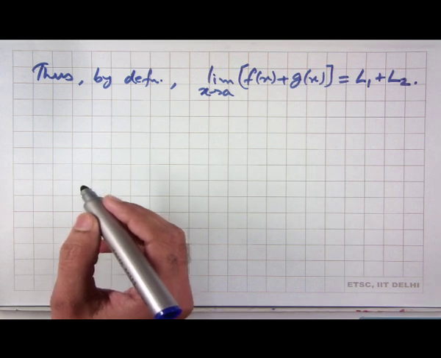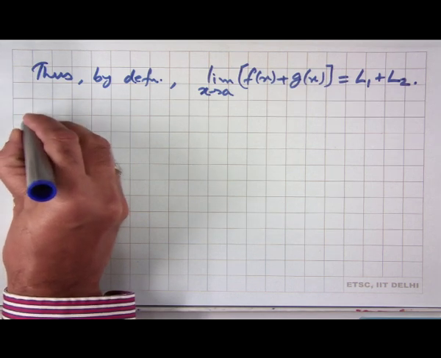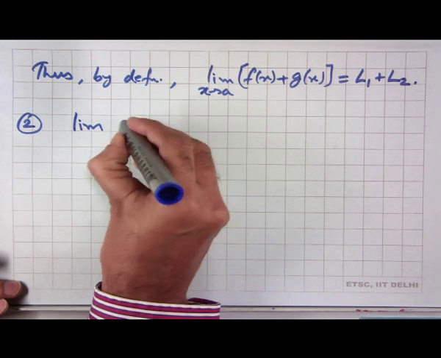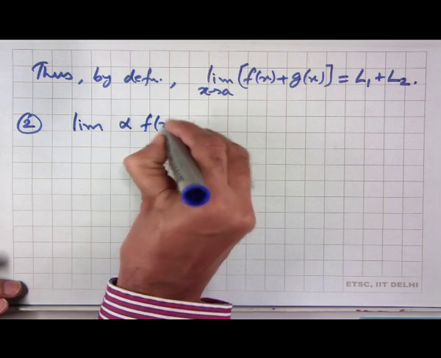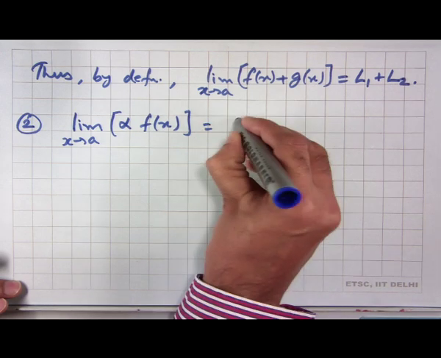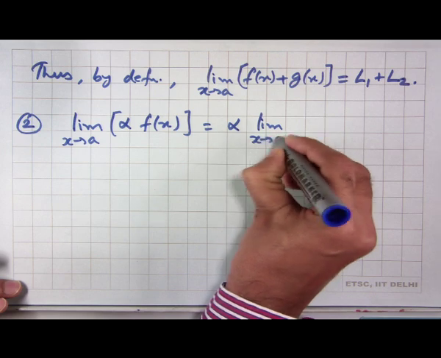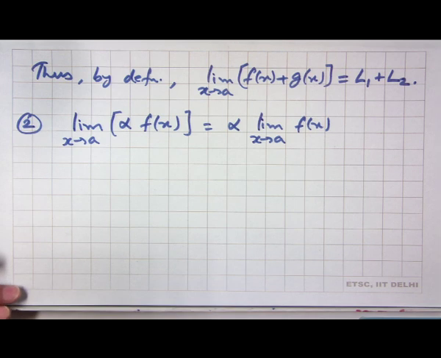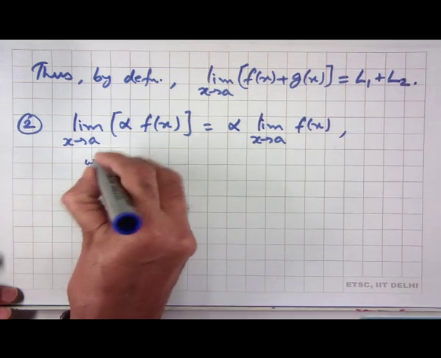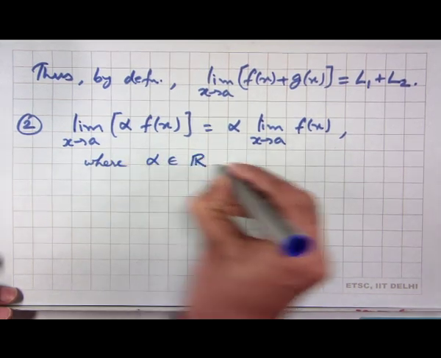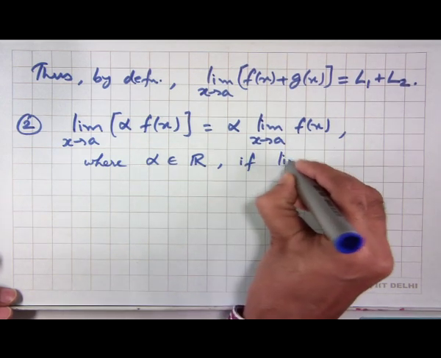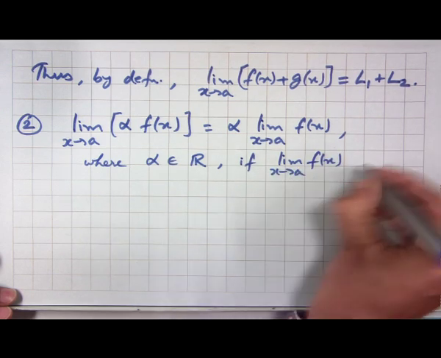Second property: limit of alpha times f of x as x goes to a is equal to alpha times limit of x going to a of f of x, where alpha is any real number, and this is true if the limit of f of x as x goes to a exists.